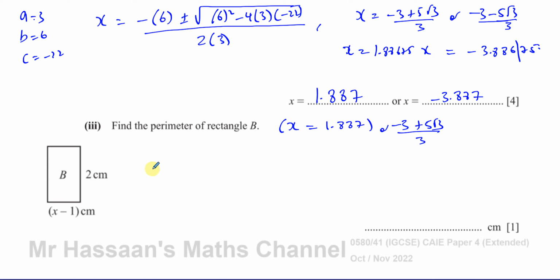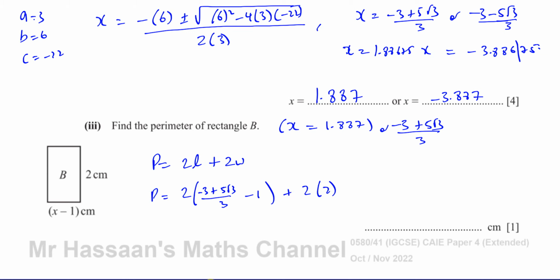Now, when I find the perimeter, we know the perimeter of a shape is 2 times its length plus 2 times its width. So 2 times these two plus 2 times those two. So the perimeter is going to be 2 times x minus 1, which is minus 3 plus 5 root 3 over 3 minus 1, plus 2 times w, which is 2 times 2.